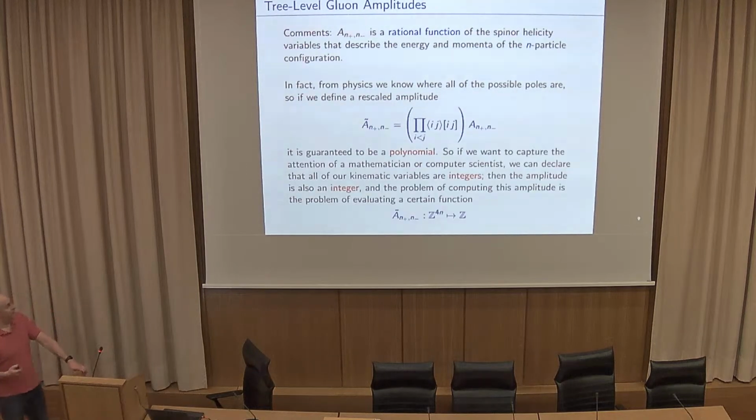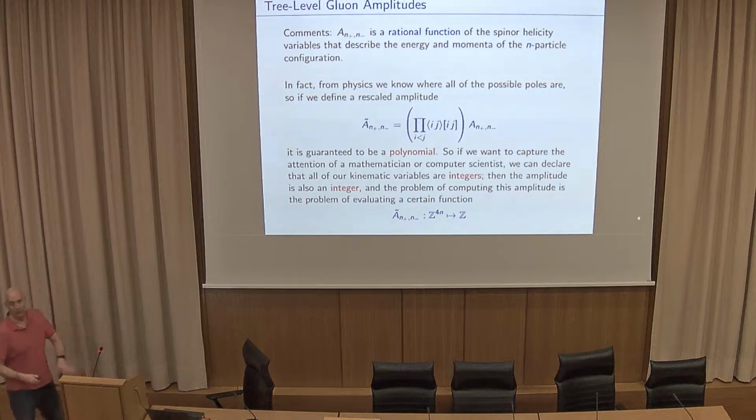Okay, and so now if you have a friend who's a mathematician or a computer scientist, you can start asking them what is the computational complexity of evaluating that polynomial for large n. And you can make it really interesting by saying, let me pretend that all the energies and momenta of my particles are integers.